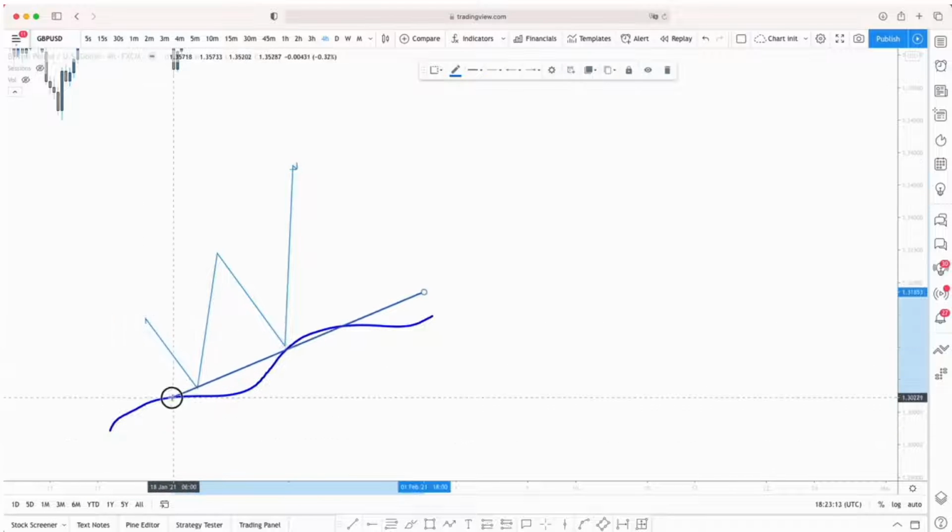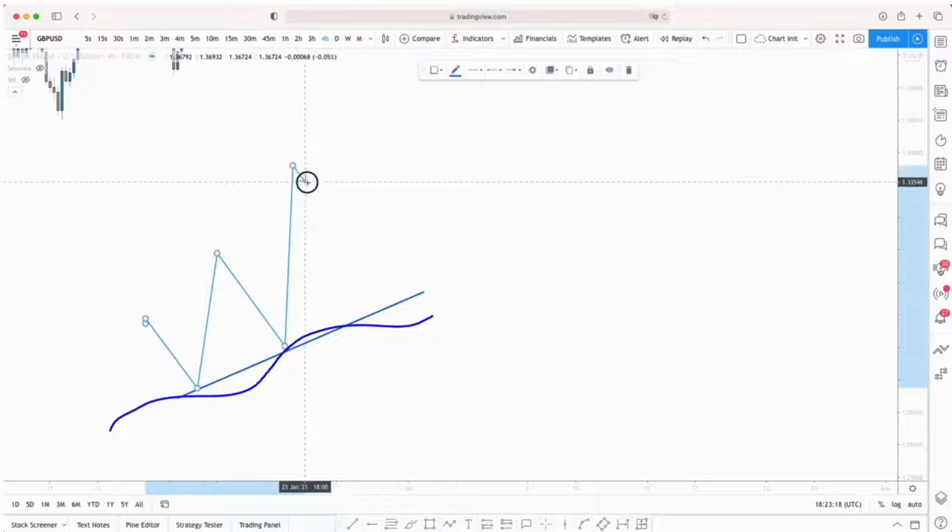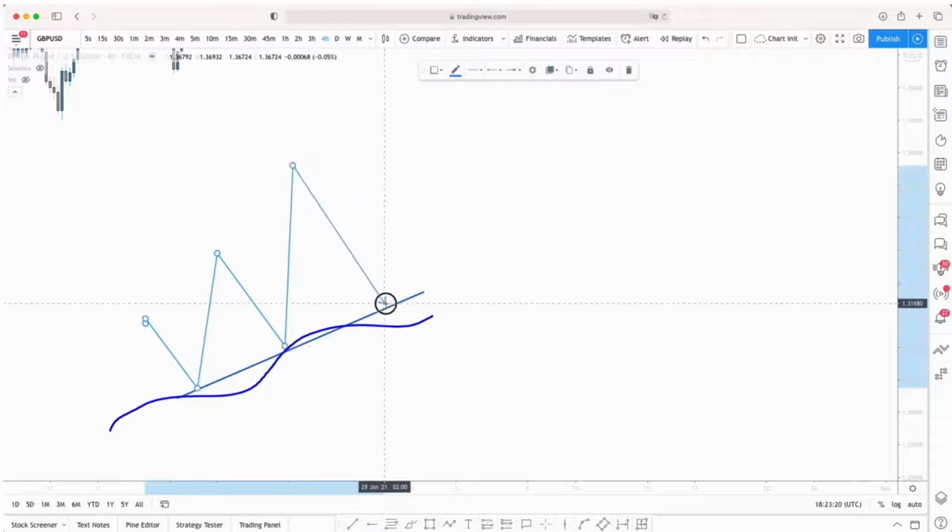Have you ever been in a situation where you've got one touch, two touches, probably three touches on a trend line using a standard retail strategy, and then you place a trade going on the third touch?